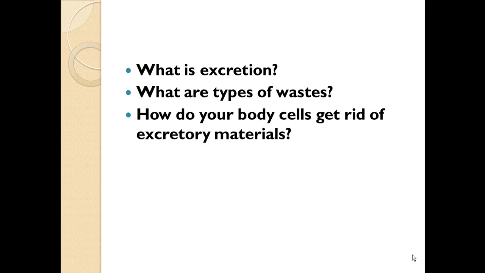We get rid of excess salt and excess water through the skin in the form of sweat, and through the urinary system in the form of urine. From here, we can conclude: what are the components found in our urine? They are excess salts, excess water, urea, and uric acid.